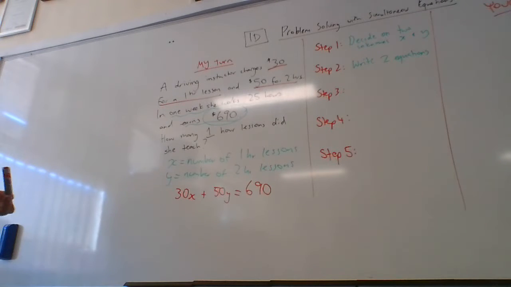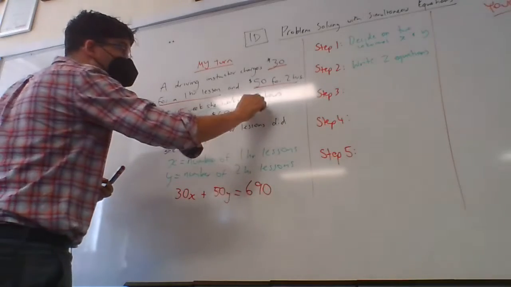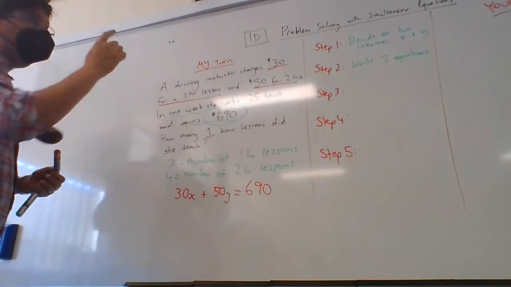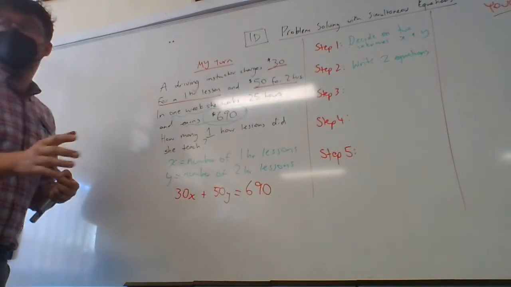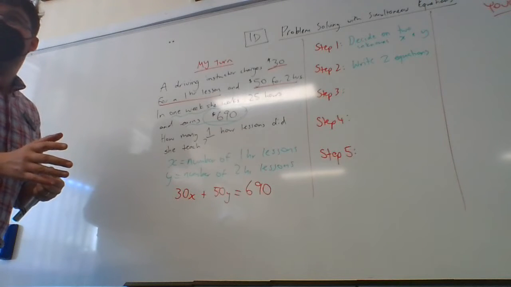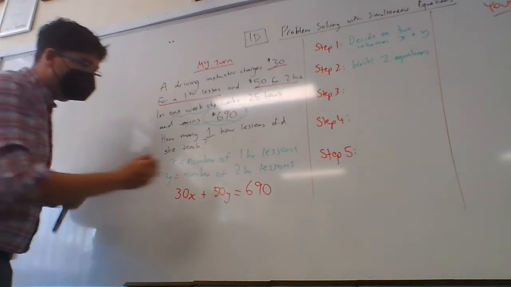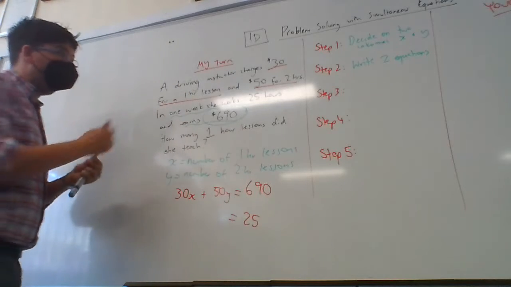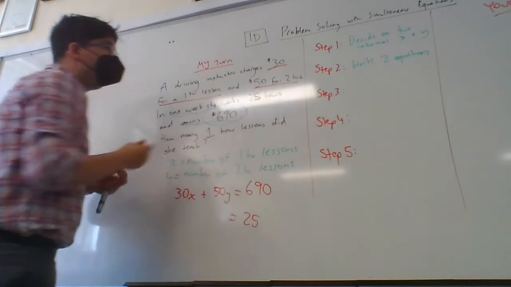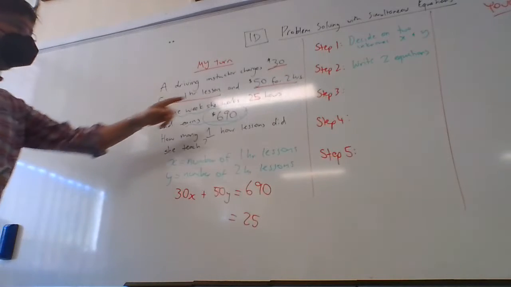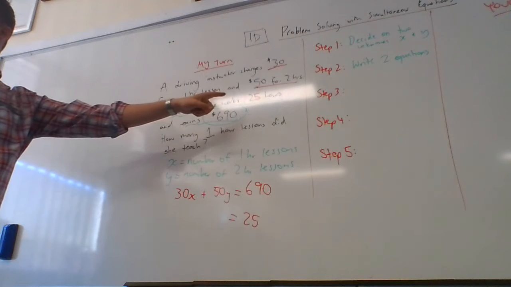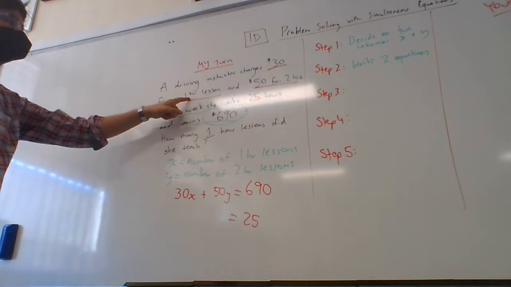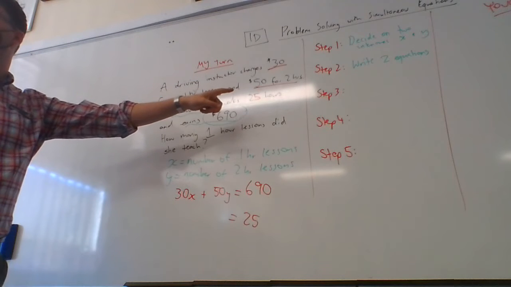What's the other equation going to connect? The hours, because we're told that they work 25 hours. What might be the equation that connects the hours? It equals 25. Let's think. They work 25 hours in a week, a combination of 1-hour and 2-hour lessons.